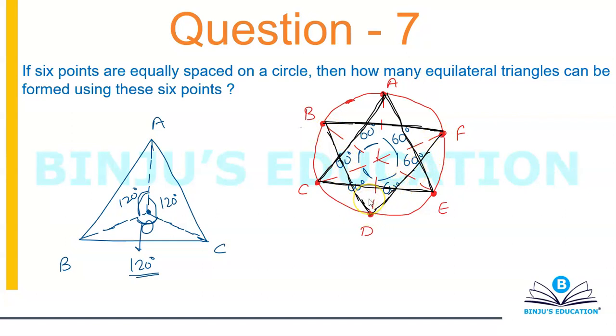You can see that these will make an angle of 120 degrees at the center. These are the only two possible equilateral triangles that you can form.